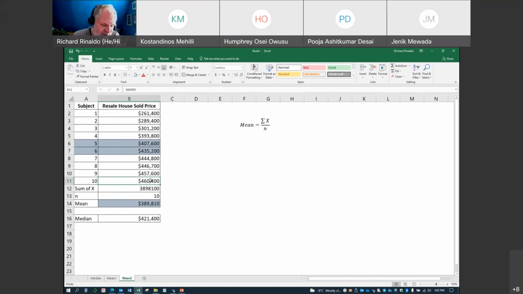Most house prices will be around the $400,000 range, but there'll be a couple of mansions in the community that are extremely highly priced. It's better to use the median than the mean because the mean is more affected by extreme scores. So let's say this one here sold for $10 million.